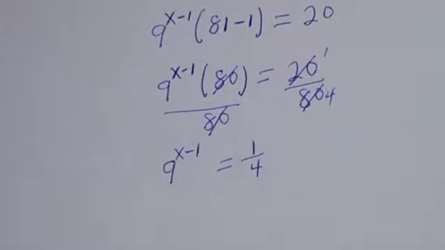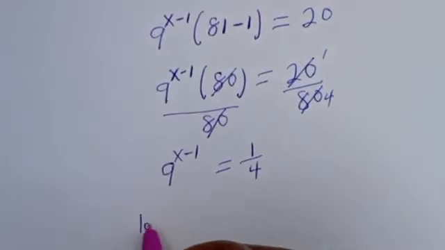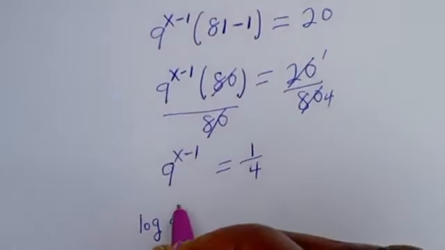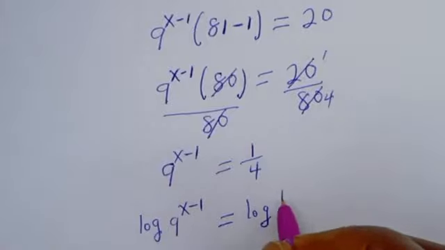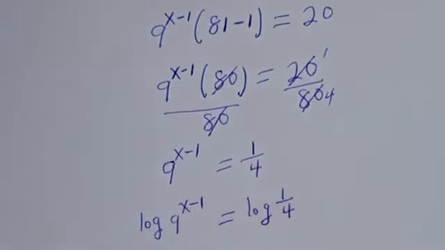Now let's take the log of both sides. We have log 9 to the power of x minus 1 is equal to log 1 over 4.